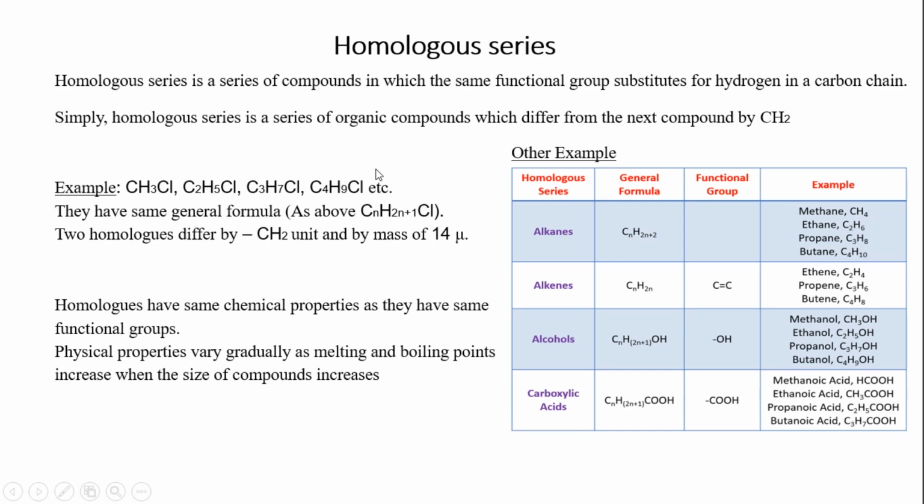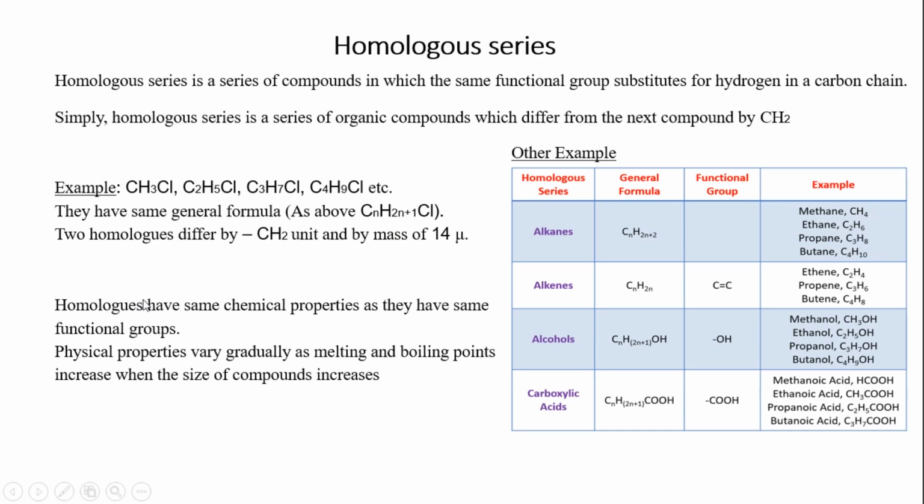So I can get the next compound by substituting n equal to 5. So my next compound will be C5, H 2 into 5 is 10 plus 1, 11. So C5H11Cl. So two homologous compounds differ by a CH2 unit and by mass 14 u.